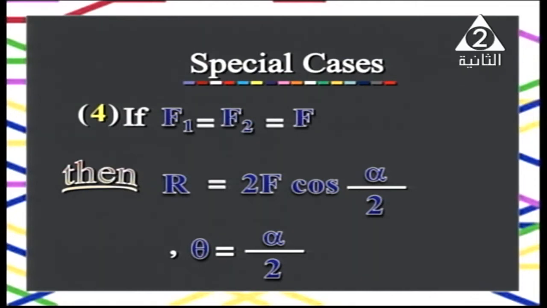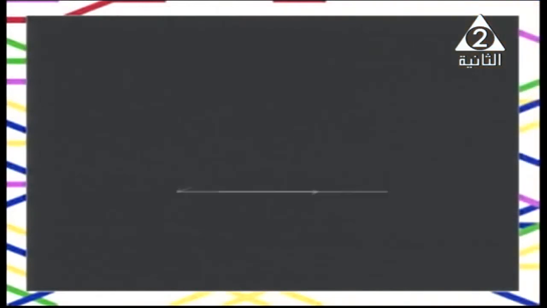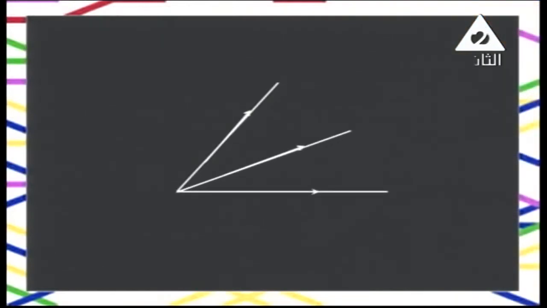My dear student, we move to another title. It's called Distribution of a Force into Two Components. My dear student, look at the force F. We have two forces, F1 and F2.